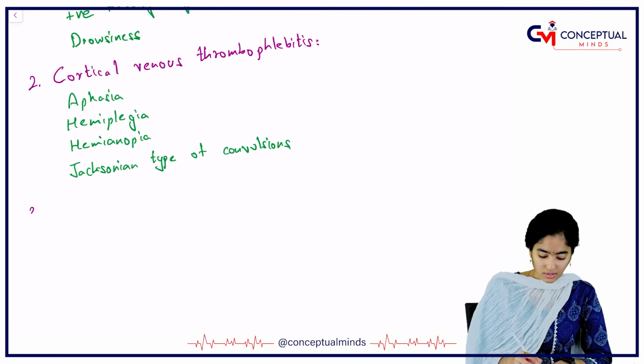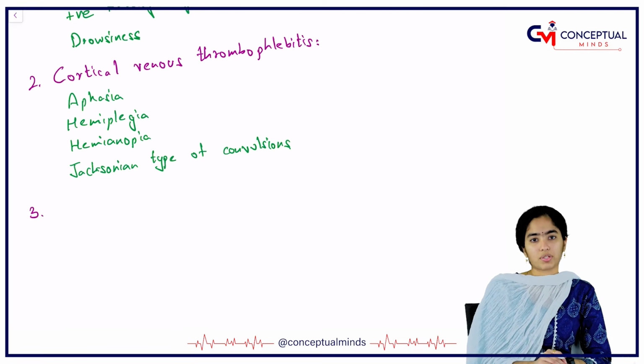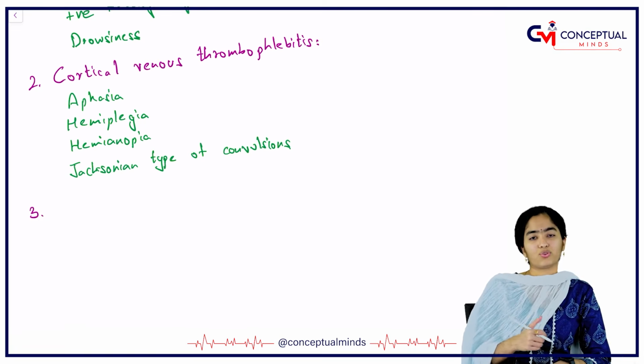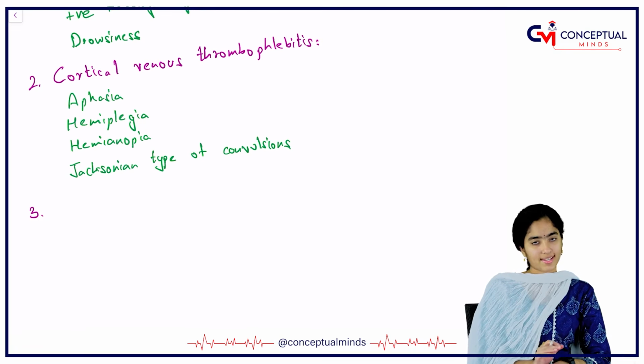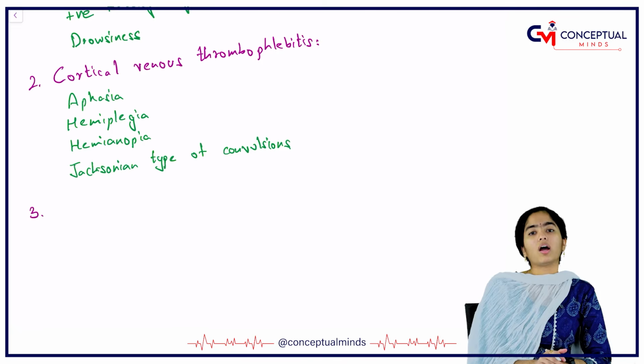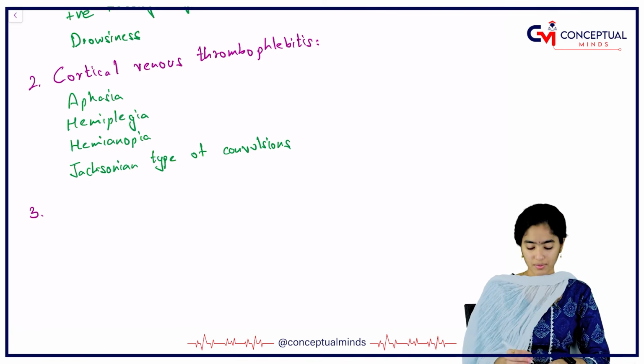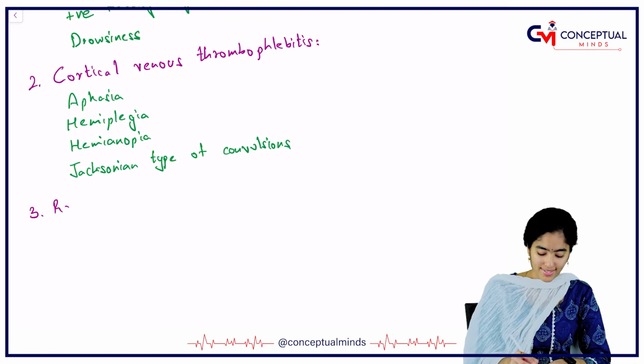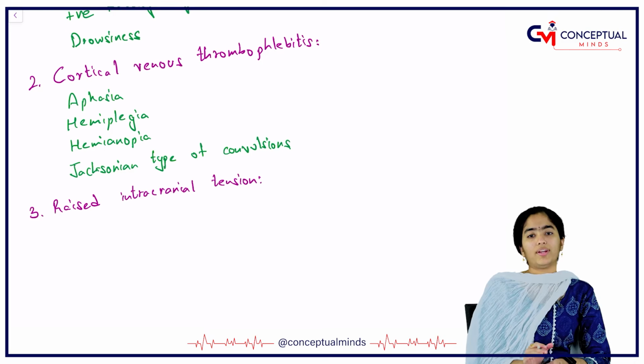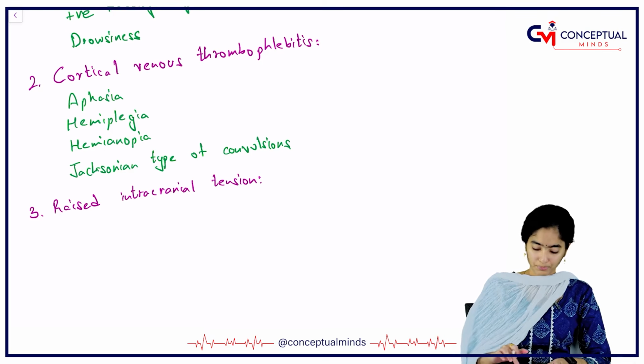The next group of signs and symptoms are because of raised intracranial tension. Now, while discussing the pathology, we have discussed that this rapidly increasing pus will lead to pressure symptoms. So, when there is raised intracranial tension, this can lead to various symptoms such as papilledema can occur.